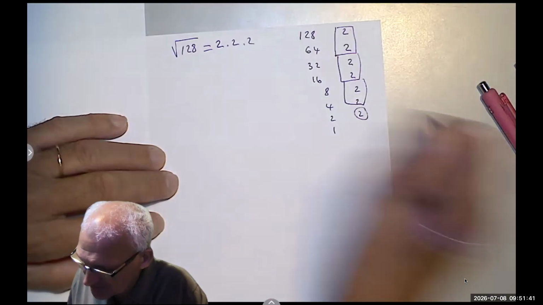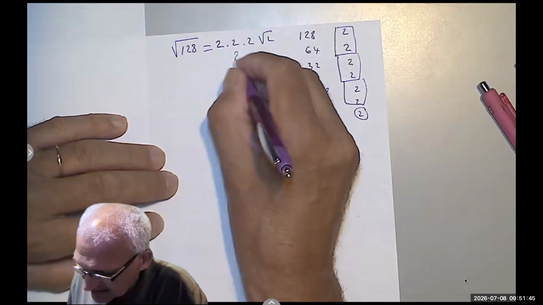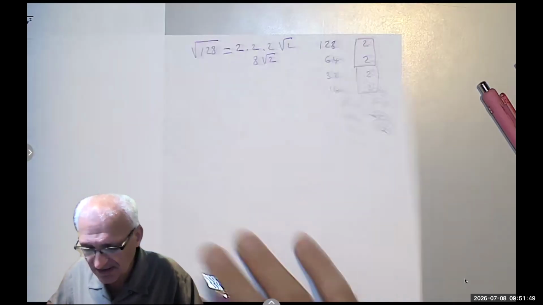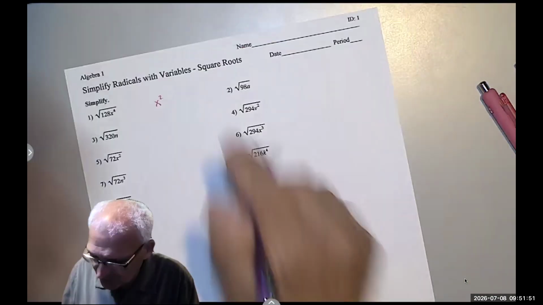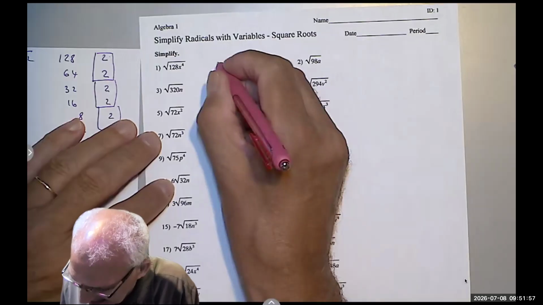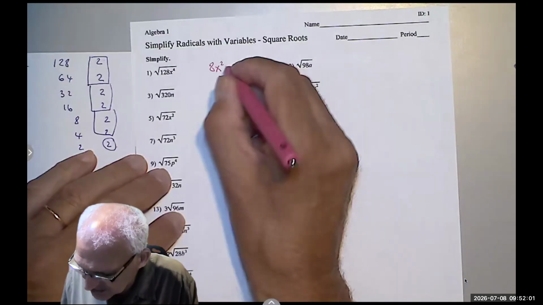A single 2 stays under the radical. 2 times 2 times 2 is 8. So it's 8 radical 2. That's how simple it is. The 8 is outside, like the x squared, so I'm going to write 8x squared, and there is a 2 inside the square root of 2.